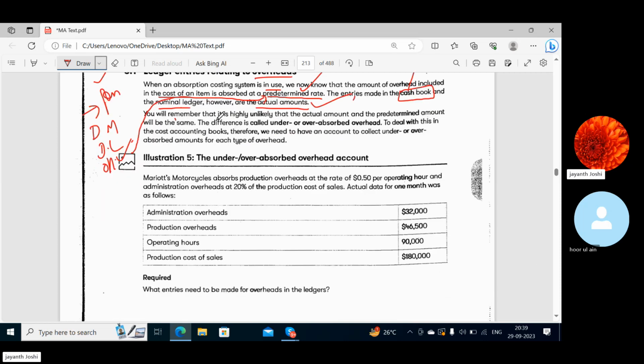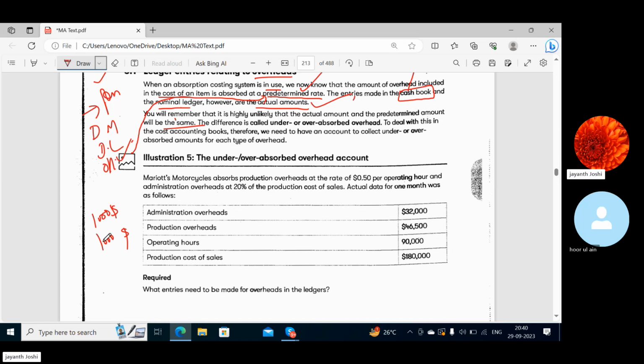Now, you will remember that it is highly unlikely that the actual amount and the predetermined amount will be the same. It is very tough that what you estimated is exactly what you will actually incur. You estimated that $1,000 should be the overhead. It will be the rarest of rare cases where the actual amount you spend is also 1,000.